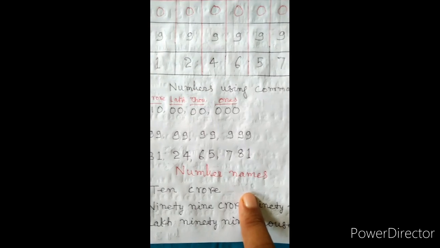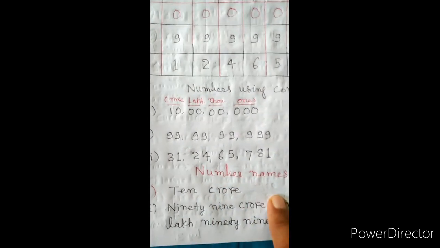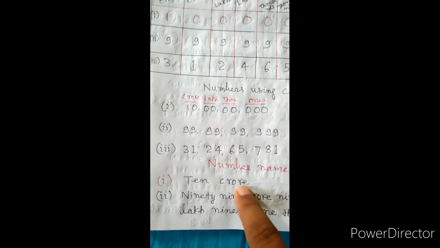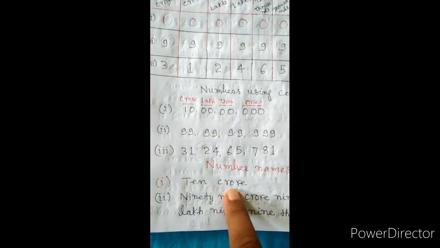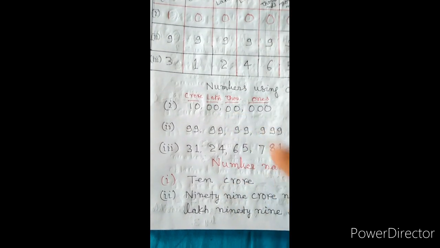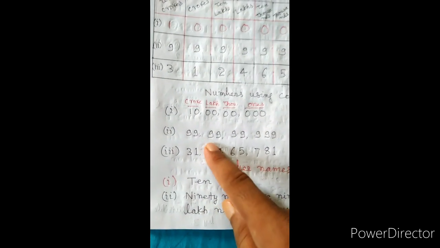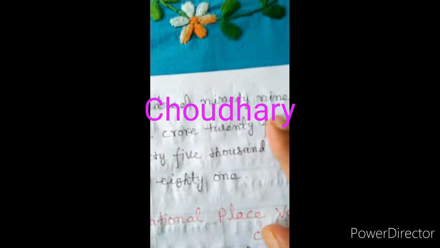Now number names. Numbers using commas and number names. 10 crore. We read this number 10 crore like this. So this is called number name of this number, 10 crore. This number is read like this: 99 crore, 99 lakh, 99,999.